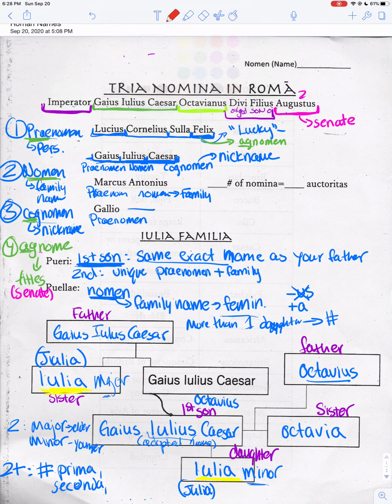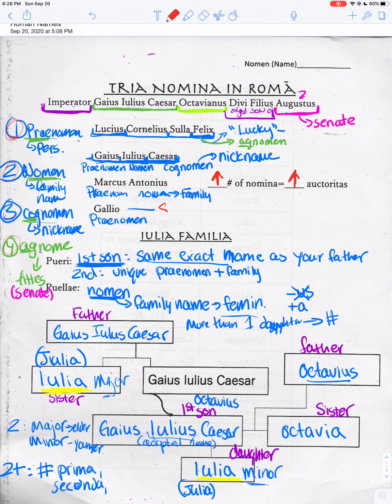And so, real quick, up here, we went through these names. So if you had one name, you only had the pronomen, or maybe you had two names, the pronomen and the nomen. And then when you climbed, notice the number of names you had. So the more names you had, actually the more power you had in Rome.